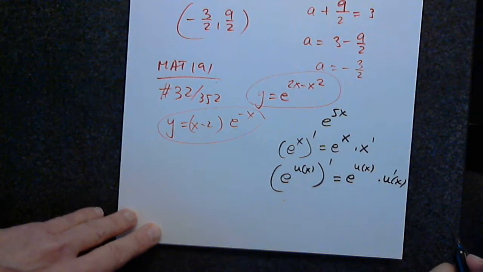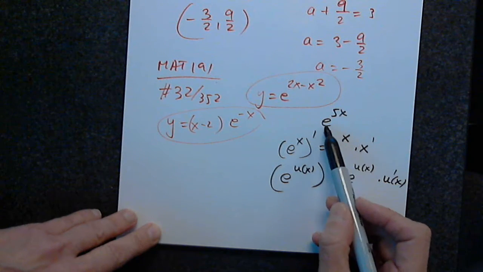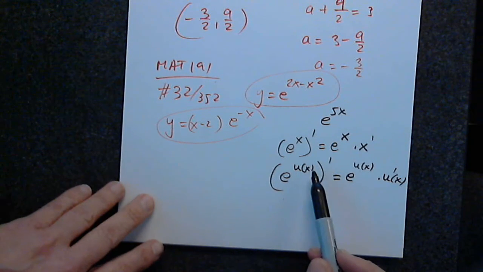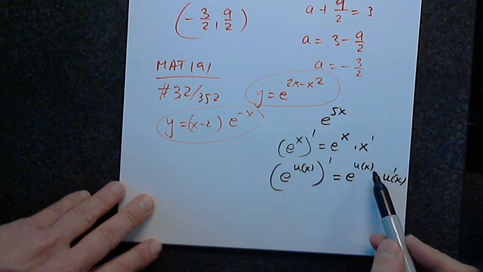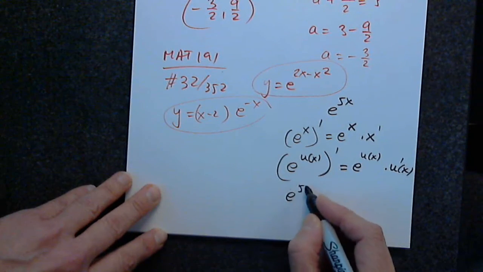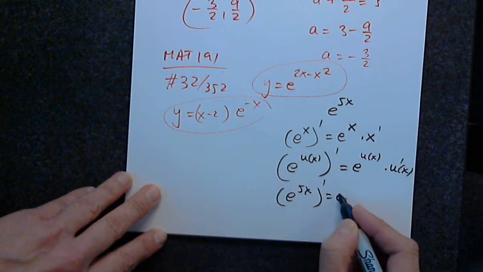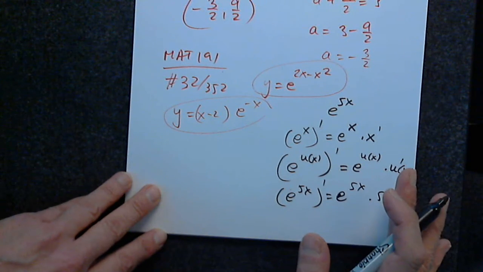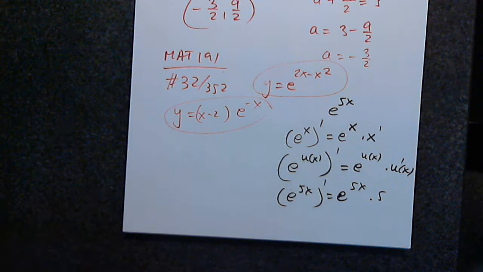So e to 5x, 5x is u of x. It's no longer x. So I have e to 5x times the derivative of 5x, which is 5. So the derivative of e to 5x is e to 5x times 5. It cannot be the same as e to the x, right? Yeah, e to the x and e to 5x cannot be the same. I don't know why, it just throws me off for some reason.